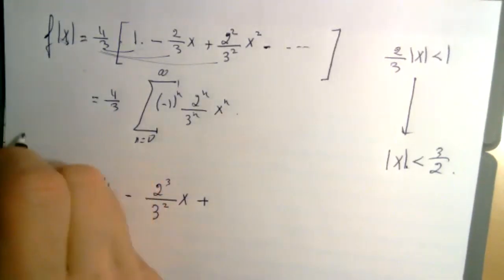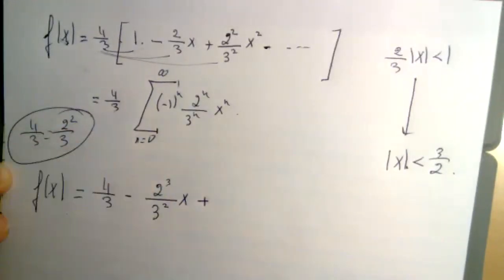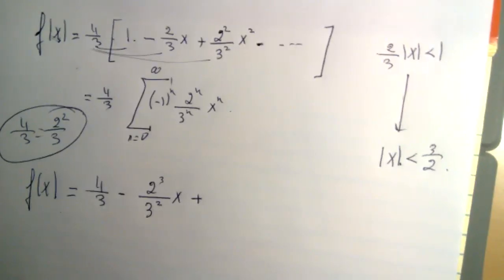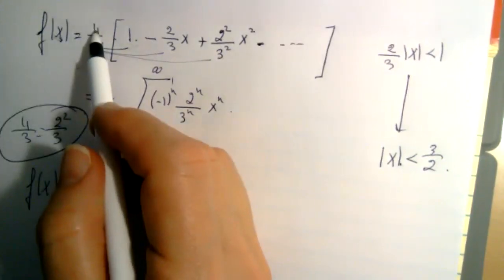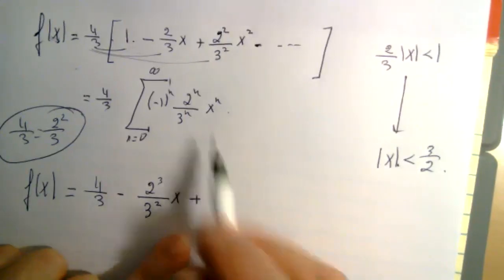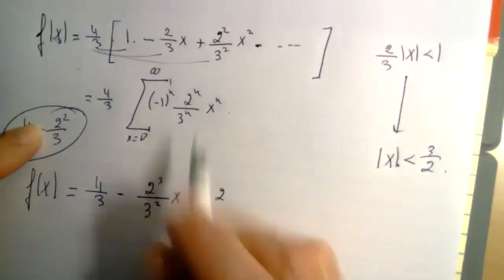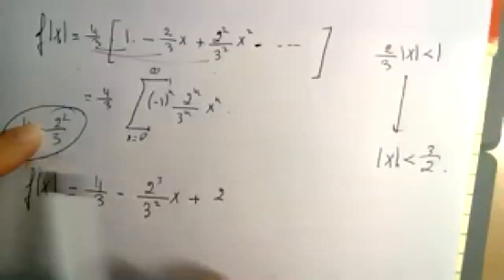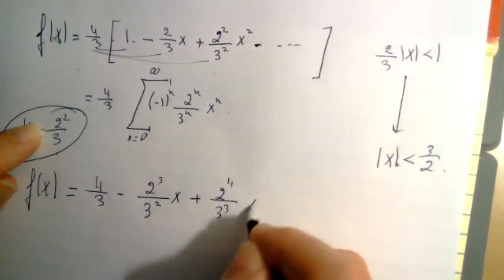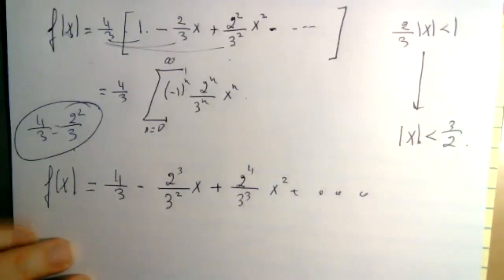Plus, I'm using the fact that 4/3 is 2 squared over 3, because it happened to be that simple. It doesn't have to be nice. If I had a 5 in here, I couldn't have done this, but because I have a 4, that's easy. So finally, I will have plus 2 squared over 3 squared times 2 squared over 3, so it's going to give me 2 to the 4 over 3 to the power 3 x squared plus etc. This is in terms.